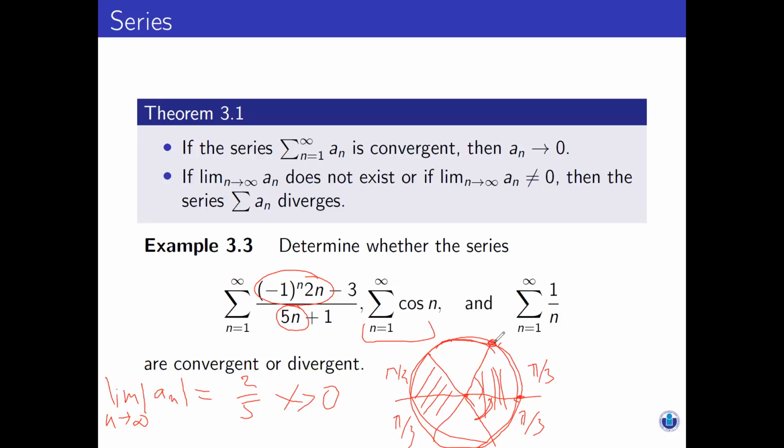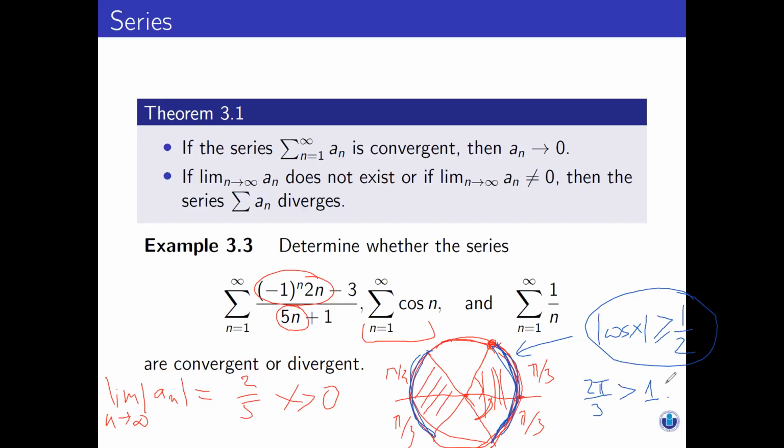And you just notice that on these two arcs, if n lies in here, then the cosine is quite large. The absolute value of cosine x, if x is on these two arcs, is going to be bigger than a half. So it's not close to 0 at all. And you should notice that the length of each of these arcs is 2 pi over 3, which is certainly bigger than 1.